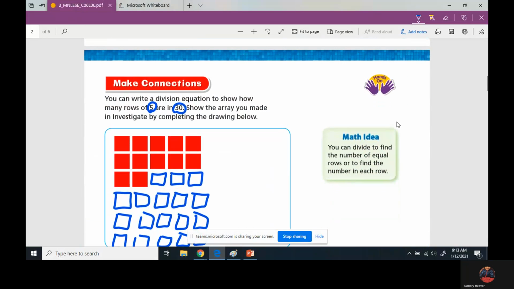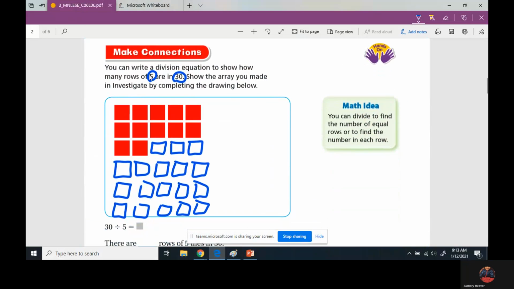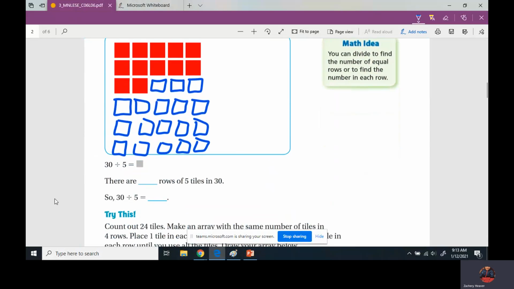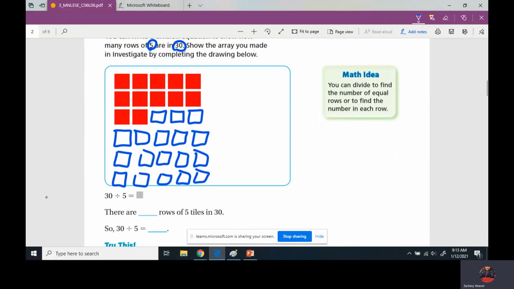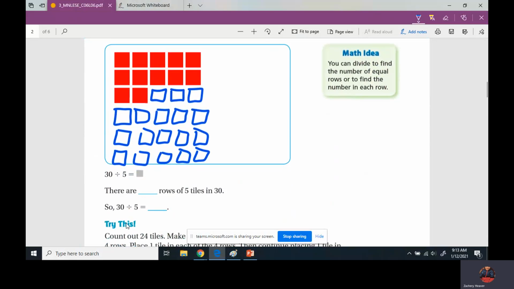All right. So now it says we want to write a division problem to show how many rows of 5 are in 30. Show the array you made to investigate. So look, they've already started 5 across, and we know we've got to go 6 down. So we filled it in, 1, 2, 3, 4, 5, 6, and we know they're all equal. So we know there's 30 total, and there's 5 rows.